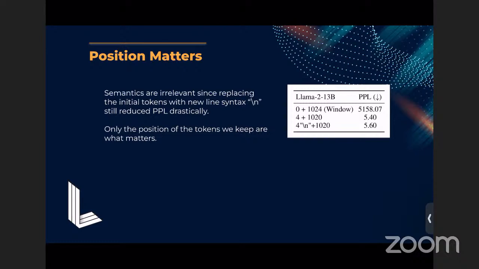And even if the initial 4 tokens are simply replaced by a new line symbol, even then the perplexity is almost the same as when there is a numeric syntactical token, which means that whatever be the semantics of the input, the initial 4 tokens will be given the most attention.